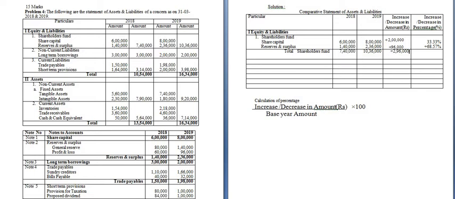Okay. Now this we have to find out in the form of percentage. How we can find out? 2,96,000 divided by 7,40,000 into 100 is equal to 40%. Okay.